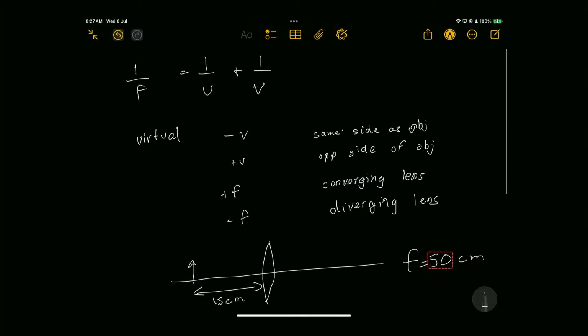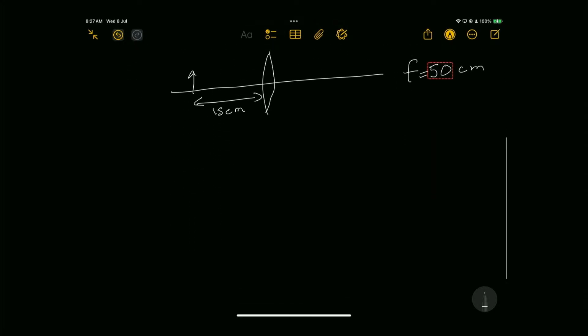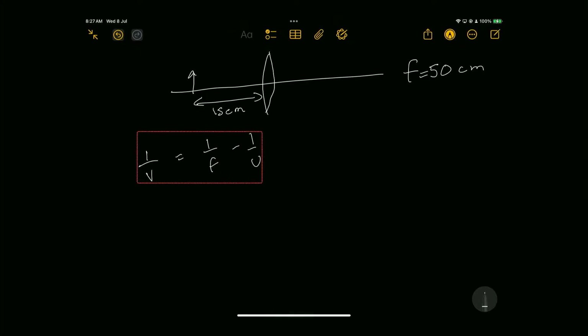Now, if the focal length and the object distance are in the same units, we can keep those units. So both of them in this case are in centimeters, so we can keep them in centimeters. So we would have 1 over v is equal to 1 over f minus 1 over u. This is 1 over 50 minus 1 over 15. As a fraction, this would be how much?